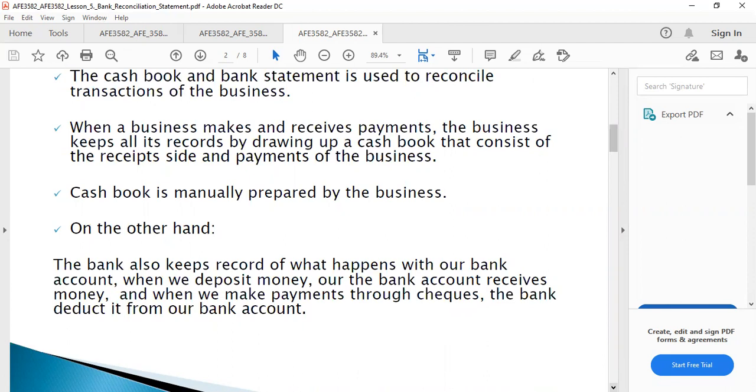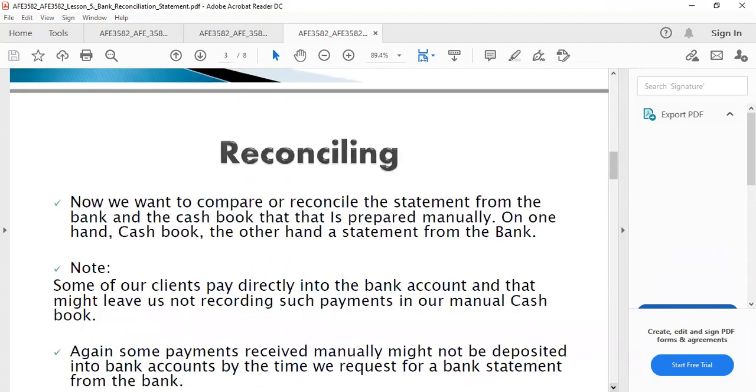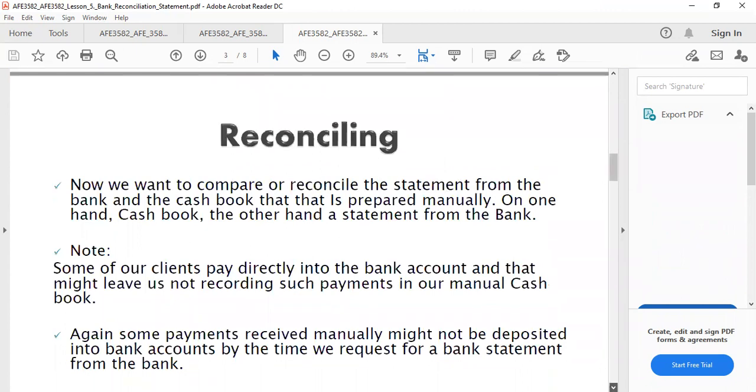When we deposit money, the bank records. When we make check payments, the bank records and deducts money from our bank account. Now we want to compare or reconcile the statement from the bank and the cash book that is prepared manually. At the end of each and every month, the bank will send you your bank statement.